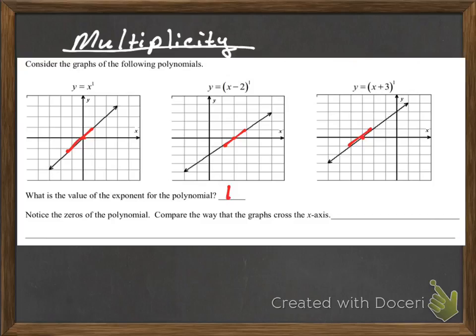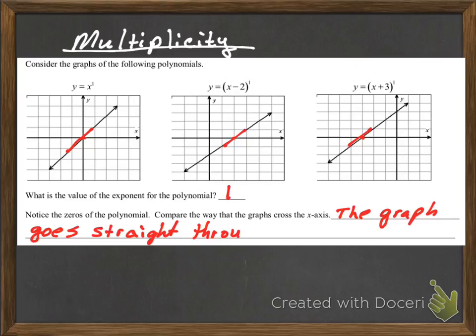So when it says compare the way the graphs cross the x-axis, we just say the graph goes straight through the zero.